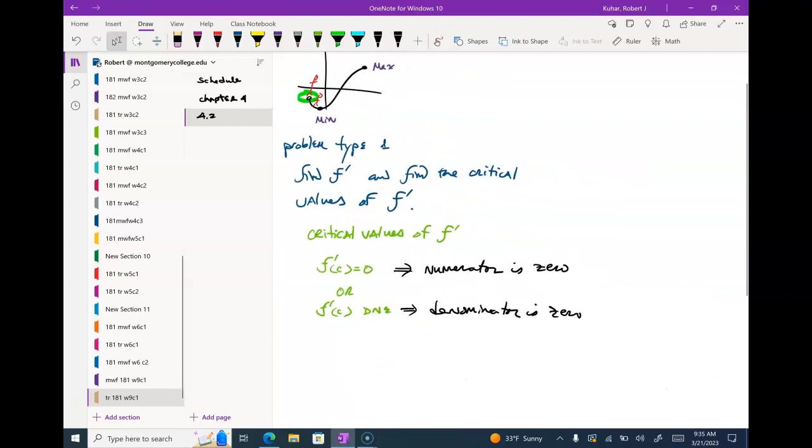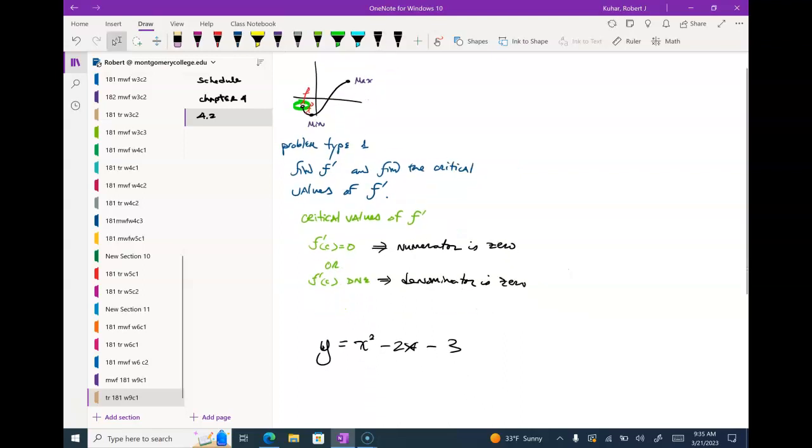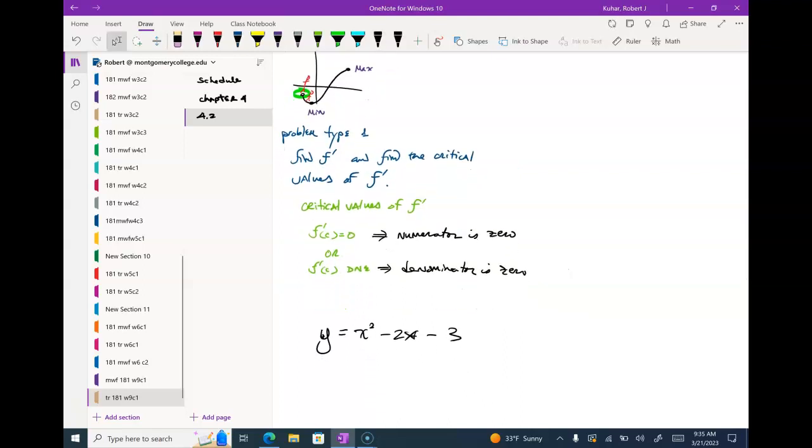What did you have to do in 8th grade, 9th grade maybe? y equals x squared minus 2x minus 3, right? You remember learning this? I call it AC easy.